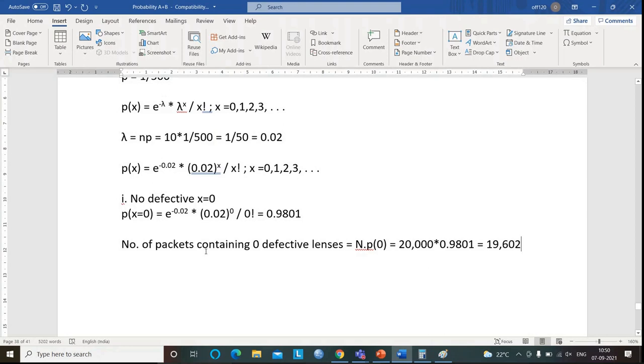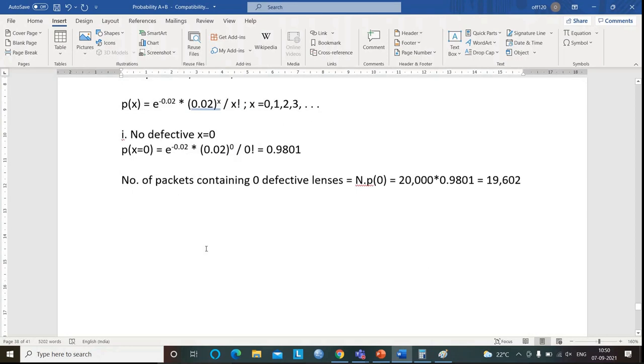Now, similarly, we have to find out the second one, which is one defective. One defective means now we have to substitute x is equal to 1. So therefore, P of x is equal to 1 implies e power minus 0.02 into 0.02 to the power of 1 by 1 factorial.